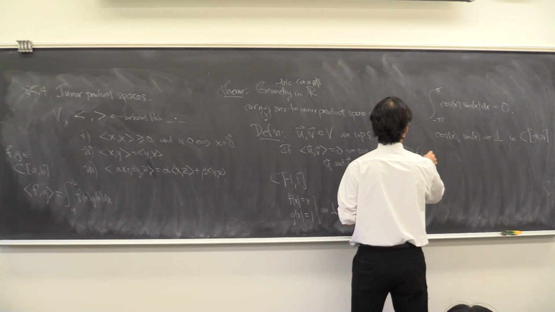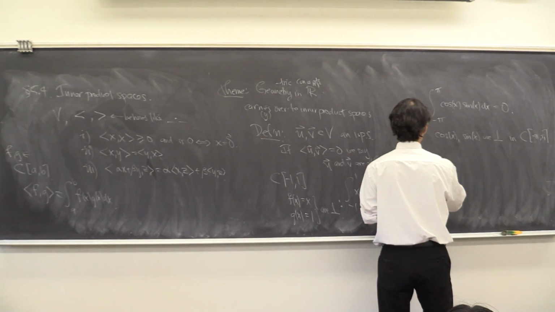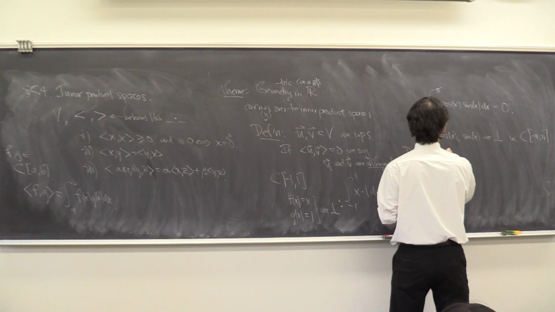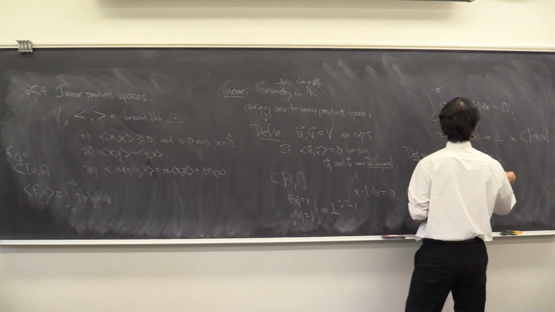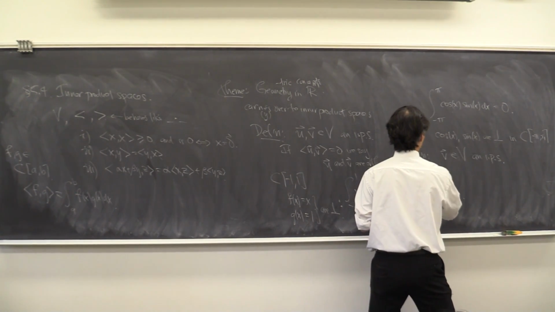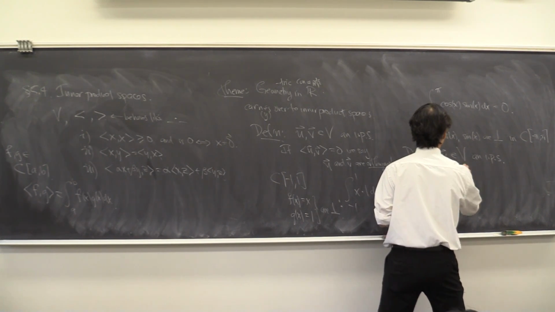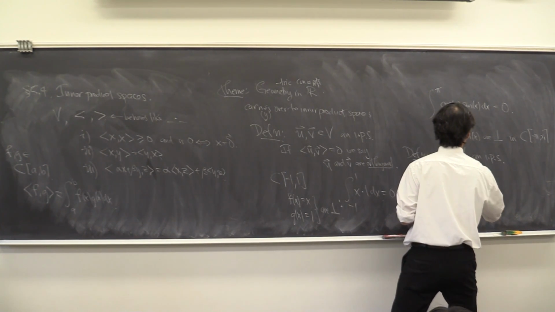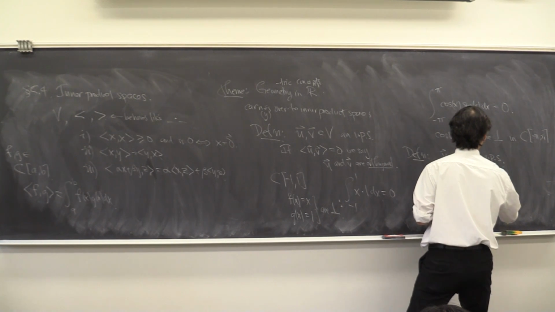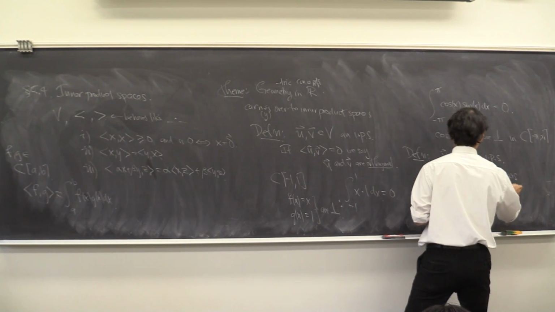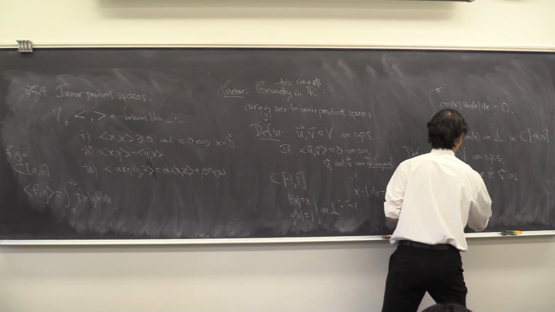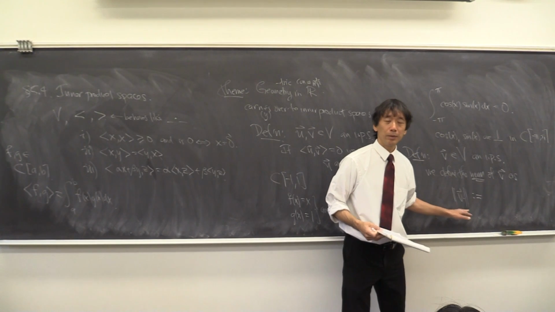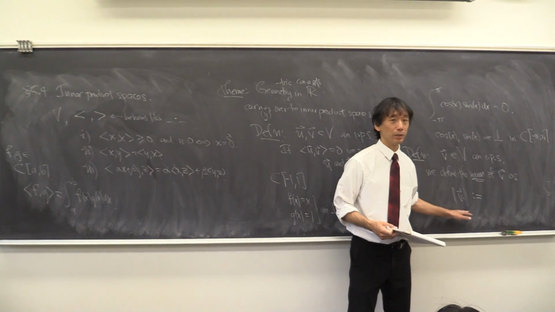Another thing we can talk about is a notion of magnitude. If you have some vector v in an inner product space, we define the norm of v as, how do you define magnitude in terms of the dot product?